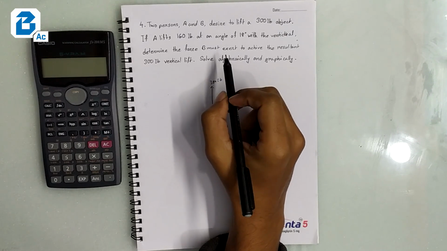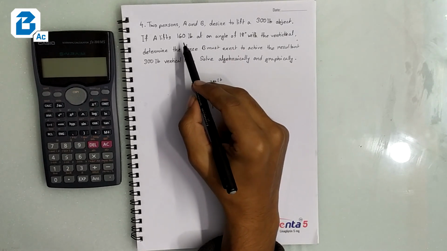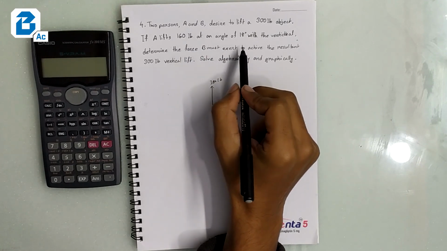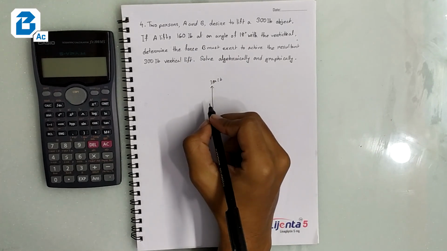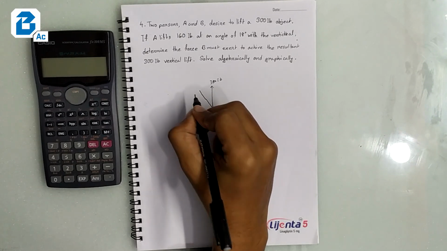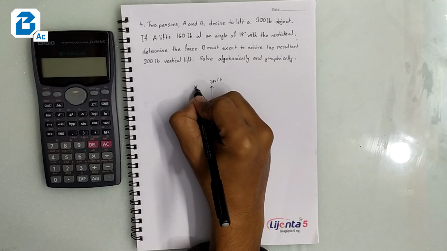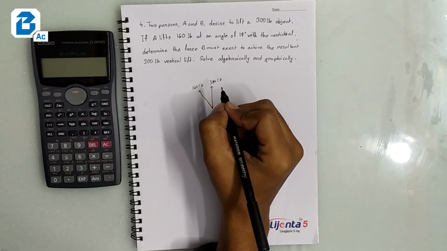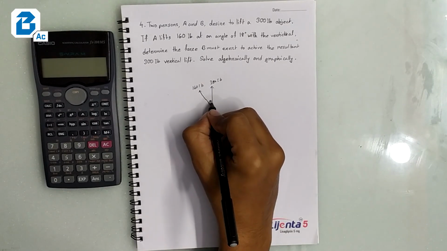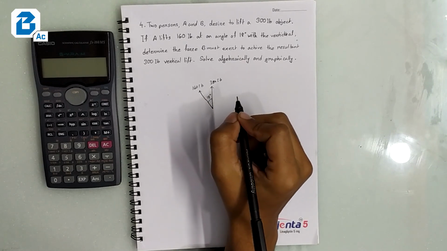And person A pulls with a force of 160 pounds at an angle of 18 degrees. So let's assume it this way.